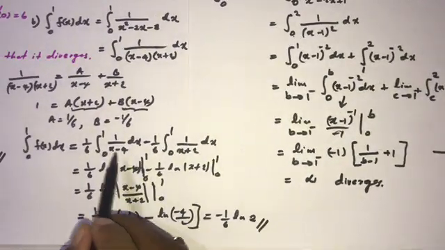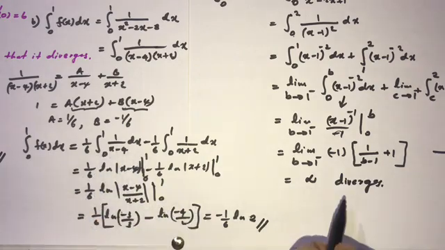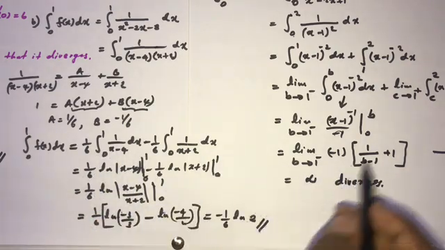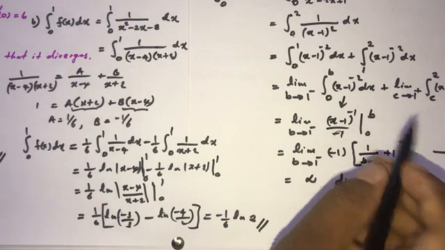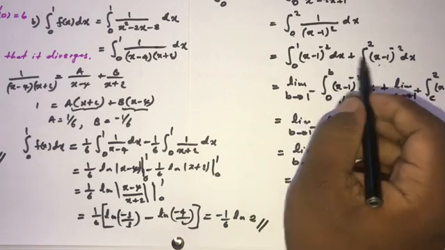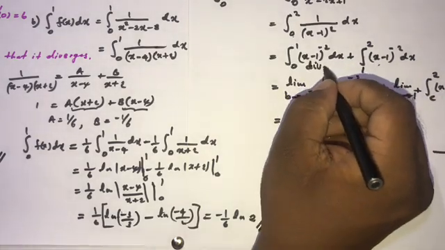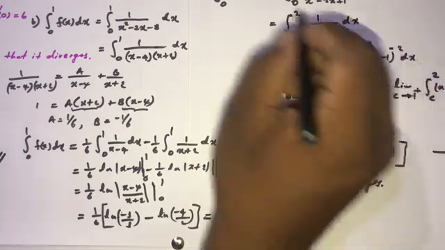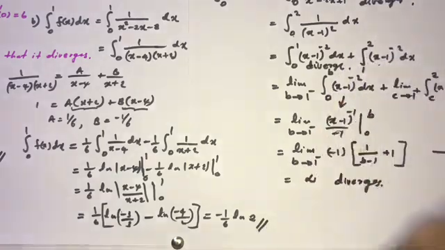Here we have two integrals, but one of the integrals diverges, so we don't need to check the second integral. So we know this one diverges, so we know the whole integral diverges. Okay, this is the answer for part C.